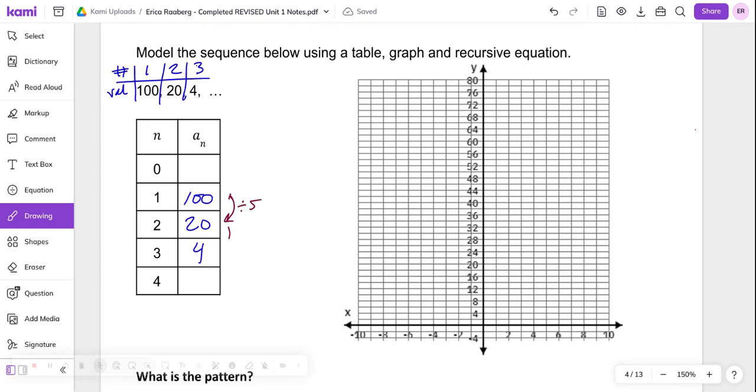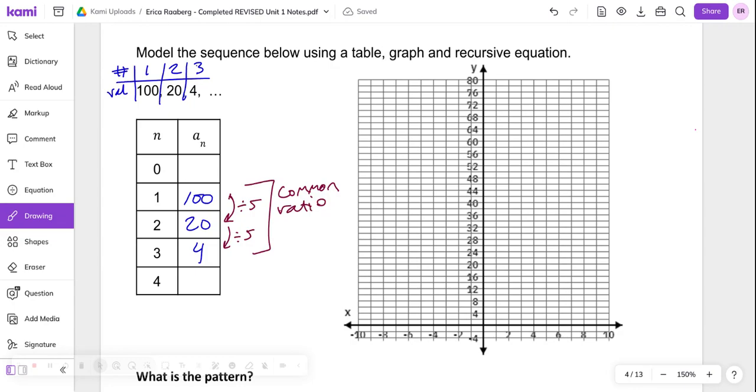100 divided by 5 is 20. 20 divided by 5 is 4. But the problem is we have a little bit of a curveball here. The common ratio has to be a value we multiply by. So I can't say that the common ratio is dividing by 5. What I have to do is change the division to multiplication.